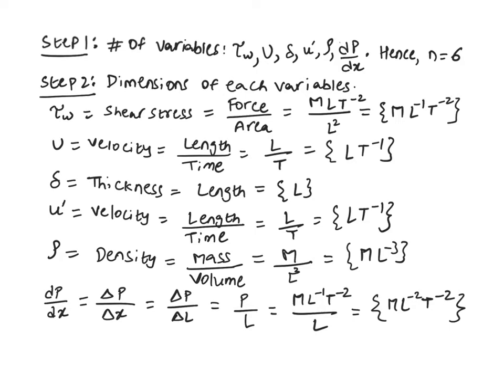So let's proceed with adjusting them into a table format, which is tau w, u, delta, small u prime, rho, dp by dx.